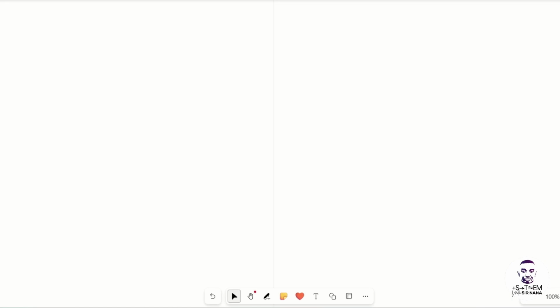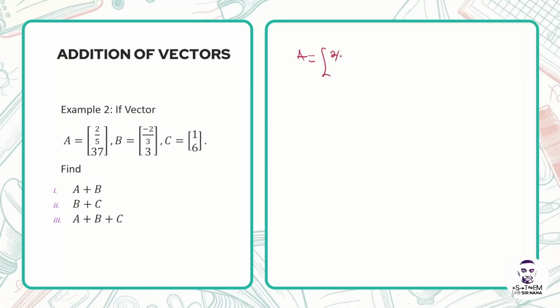So let's perform the addition of these vectors. Our A has been given to us as 2/5 at the top and 37 down. Our B is -2/3 and then 3. And our C is 1 and then 6.